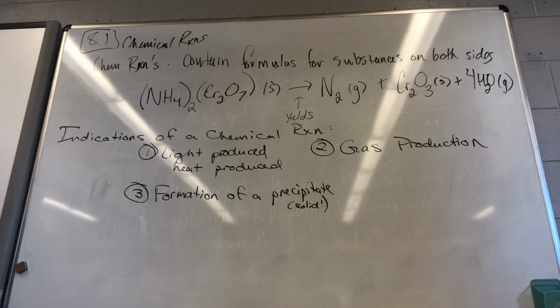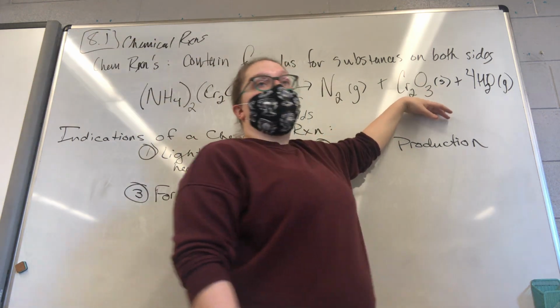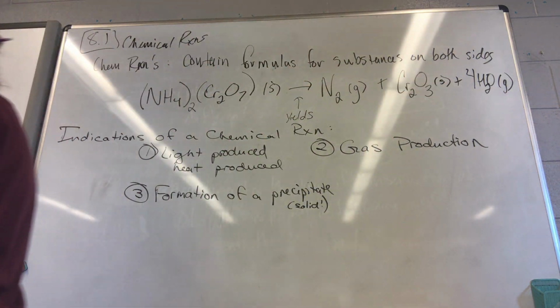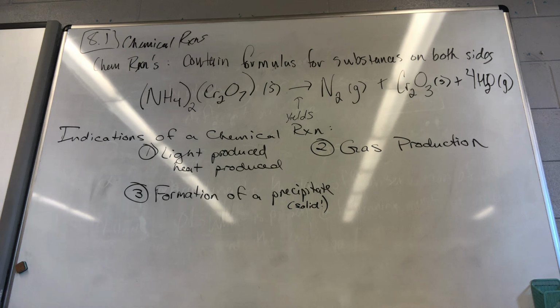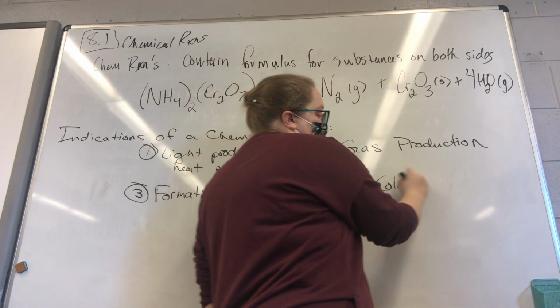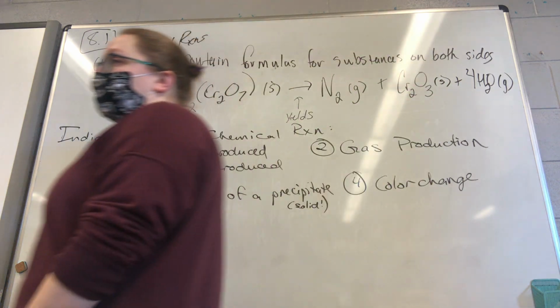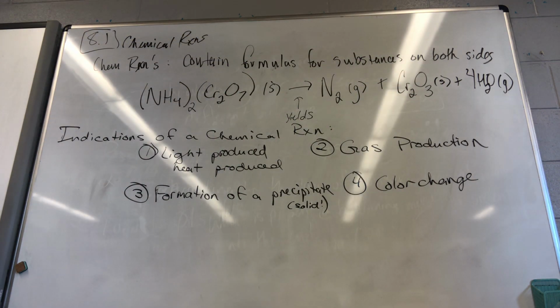When a reaction happens, if a solid is formed, it is called a precipitate. The last is going to be probably the most obvious, which is color change. Put two white powders together and get a green one, something happened. Likely a chemical reaction.